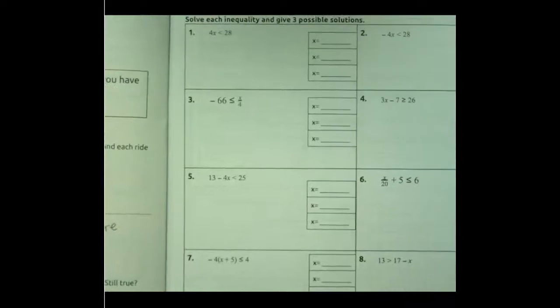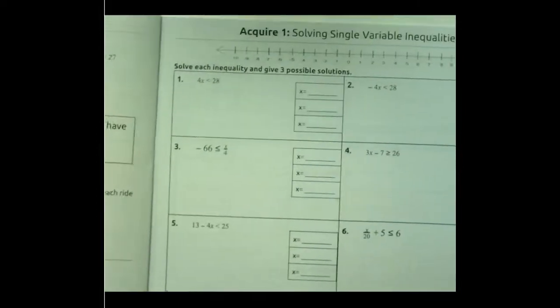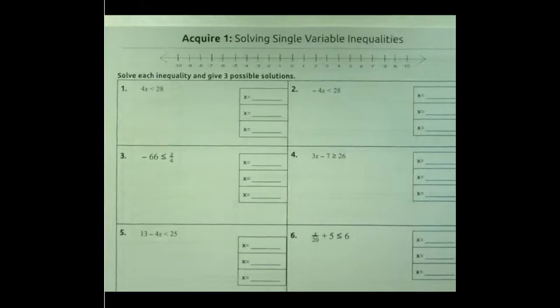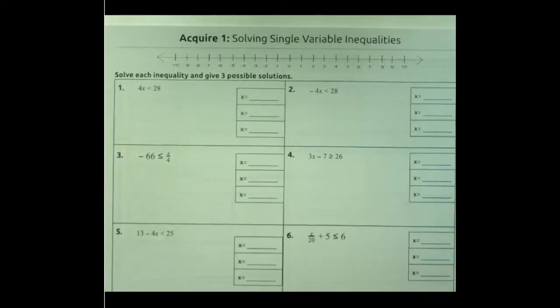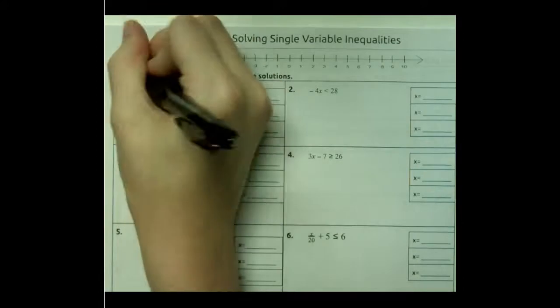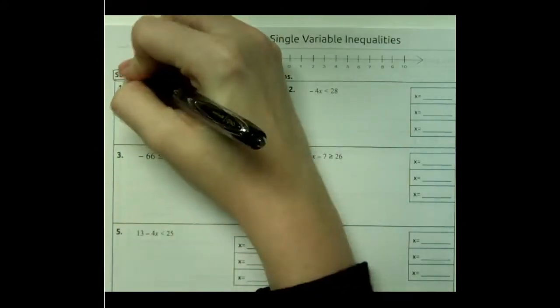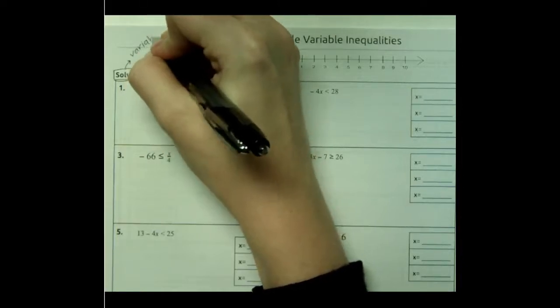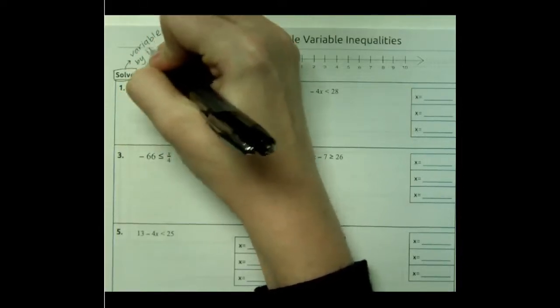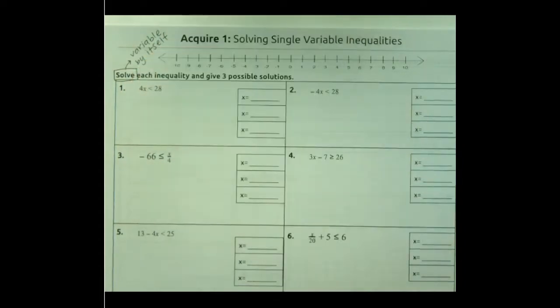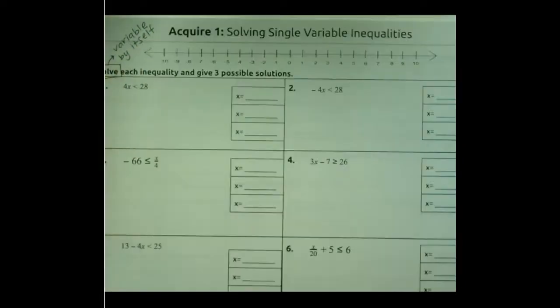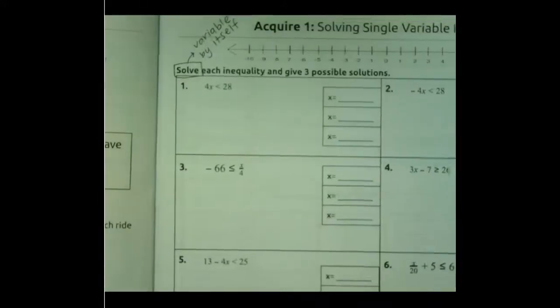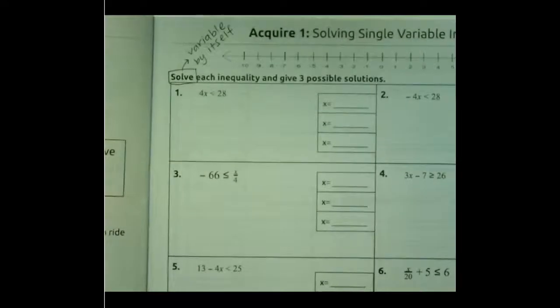So let's look at some of our examples over on the second page of Acquire. So this is still notes, but now we're going to try some actual examples, like the full thing. So we are solving these problems. That means you need to get x, or the variable, by itself. I'm going to zoom in a little bit so maybe you can see better what we're looking at.